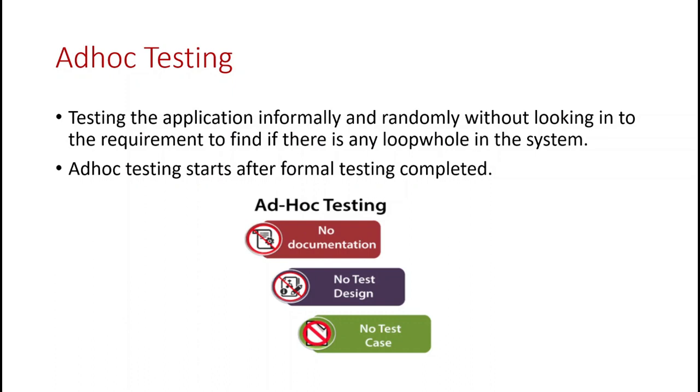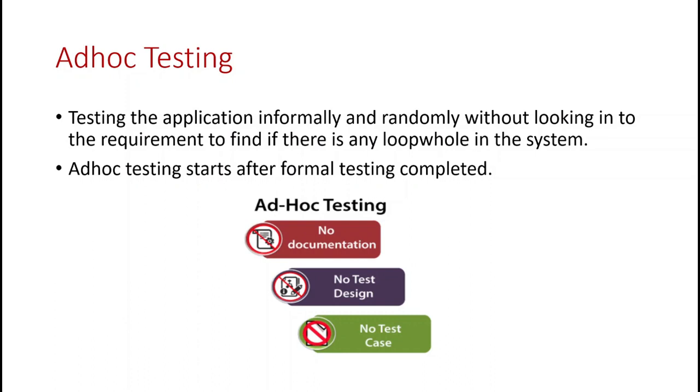Our main intention should be to break the code and find as many defects as we can, get them fixed, and make the application robust, so that when it is delivered to the customer or the end user, it will be completely robust. That is the main purpose of Adhoc testing.